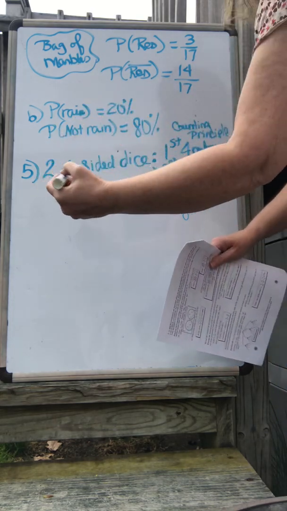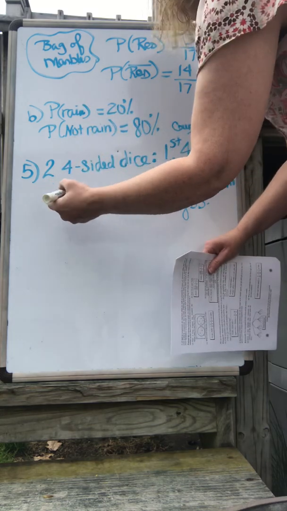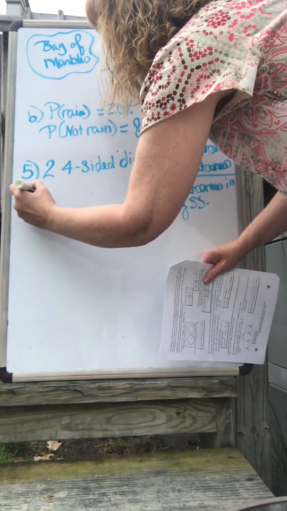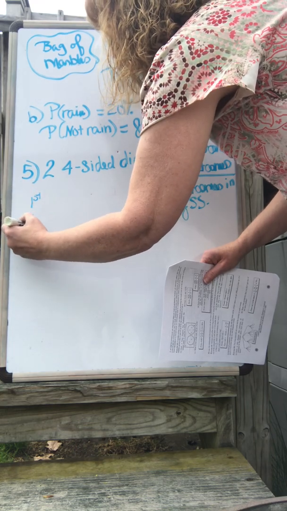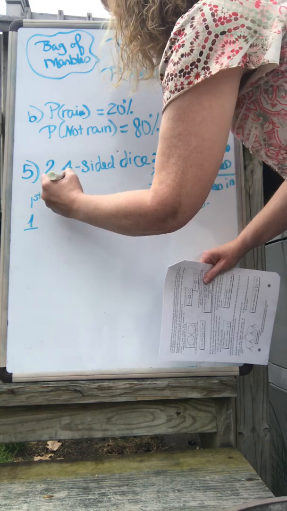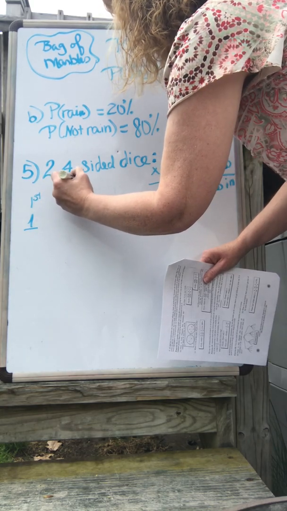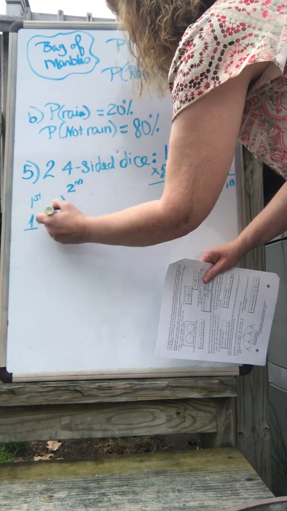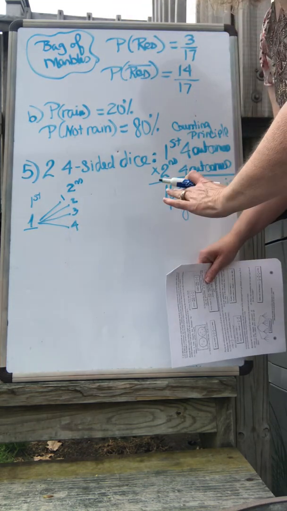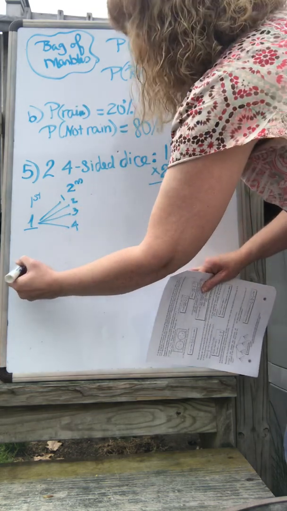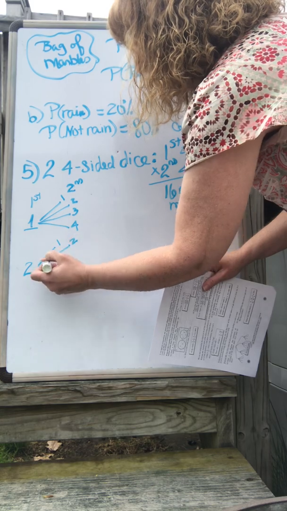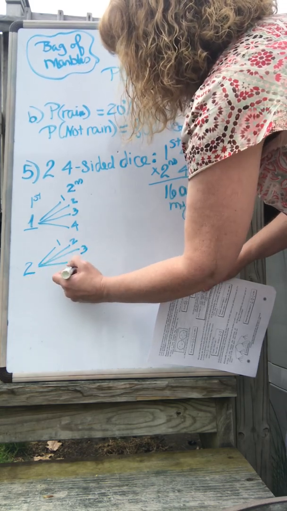So if I use some logic, and say, okay, on the first die, I roll a 1. Well, now we've got to go with the second die. Now I could have rolled a 1, a 2, a 3, or a 4. Then I say to myself, well, I didn't roll a 1 on the first. I rolled a 2. On the second, I could have gotten a 1, a 2, a 3, or a 4.